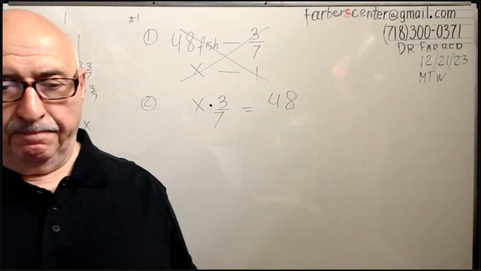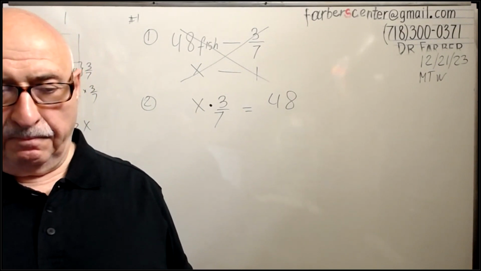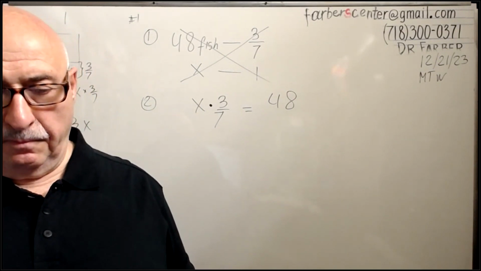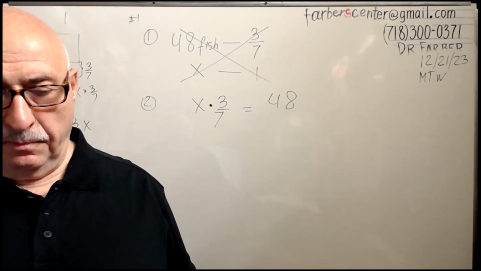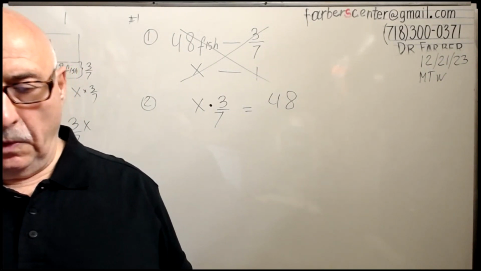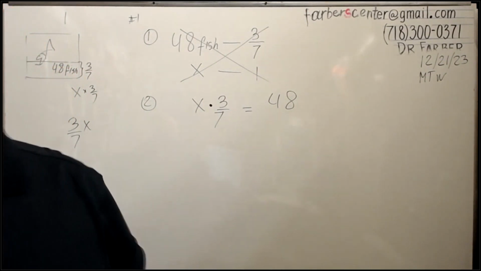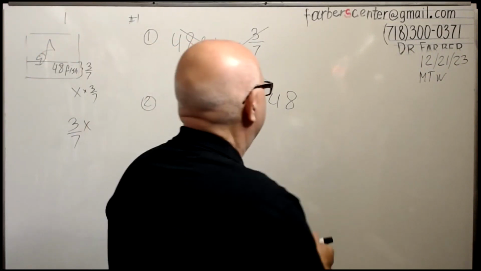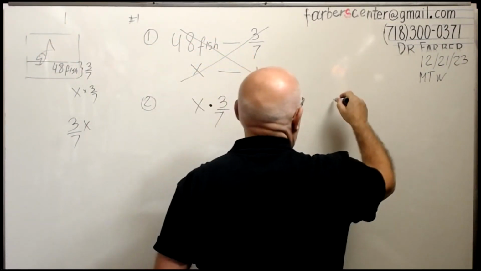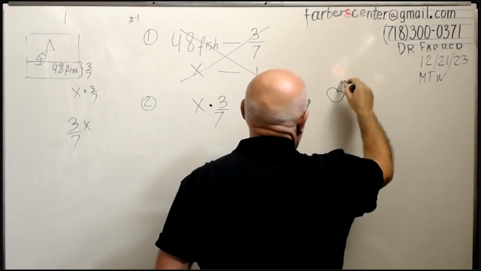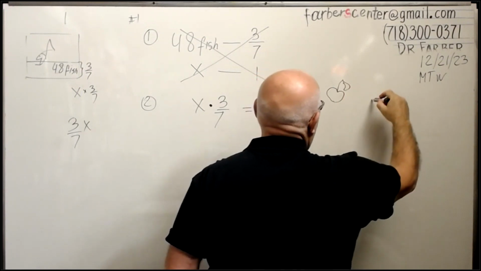Yes. I don't understand how x times 3/7 is equal to 48. It's not about understanding. When you have a proportion, look at this. This is apple. This is banana.